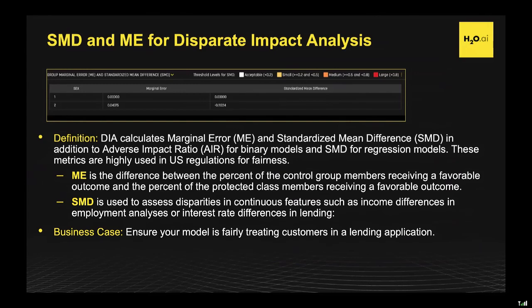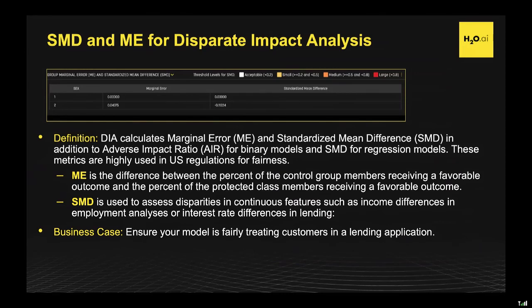I guess I'll stop here also to make a comment on this. We talk about adverse impact ratio, and one thing that comes up is that as you become a company that deploys machine learning, you need to be able to understand and articulate this.